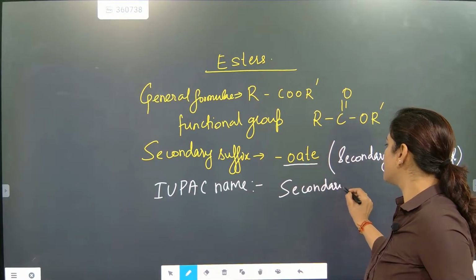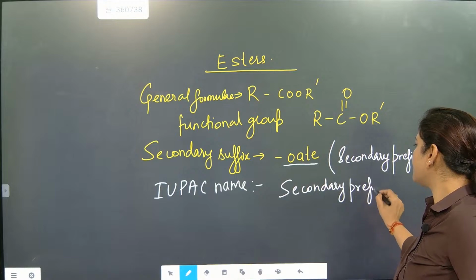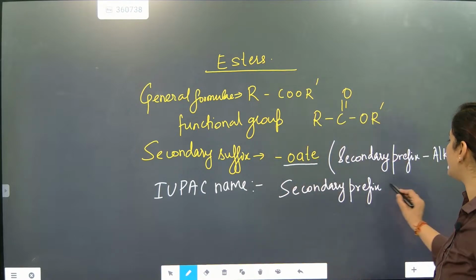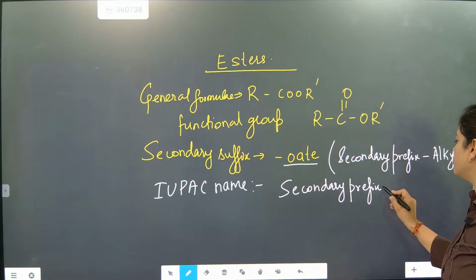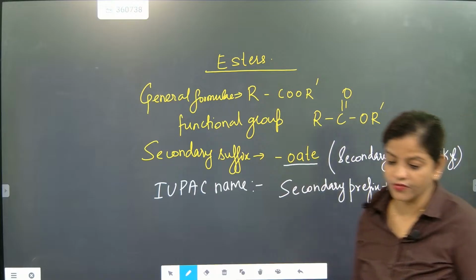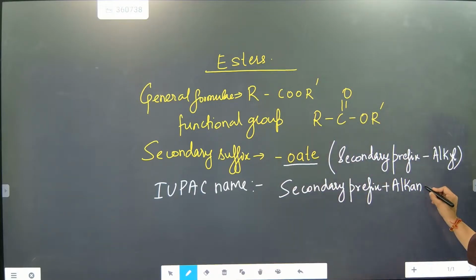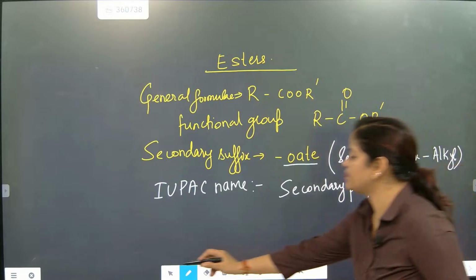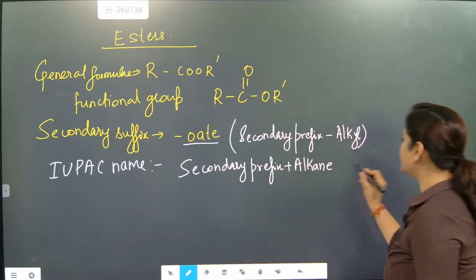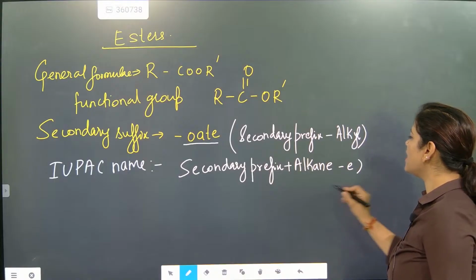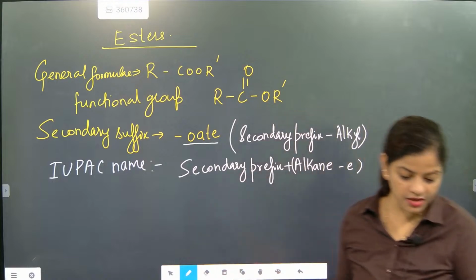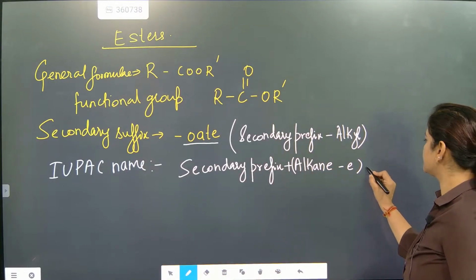Secondary prefix, note down secondary prefix. After adding the secondary prefix, you have to write alkane. From alkane you have to remove the E. Alkane minus E. After that, you are supposed to write the secondary suffix.